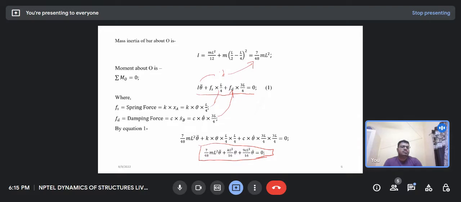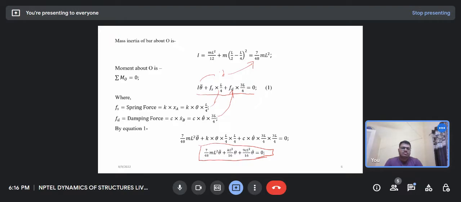Anyone? That would be in terms of k and m, as no particular value has been given to you for k and m. So please tell me what your natural frequency is. 4 by 7m. 4 by 7.